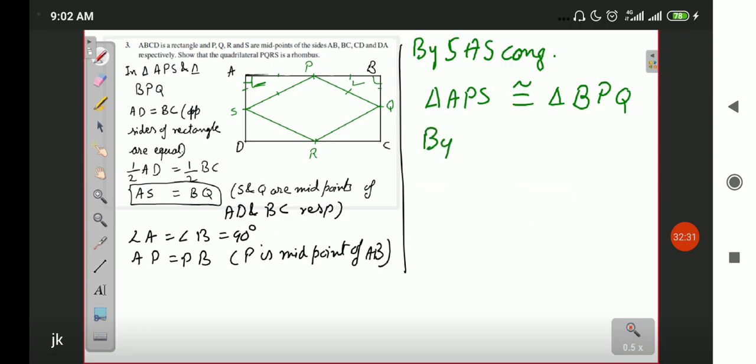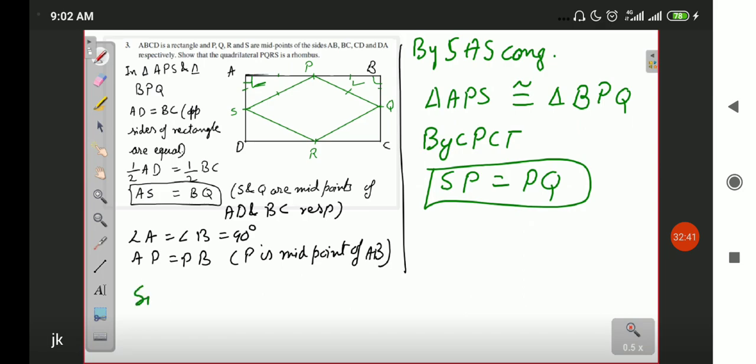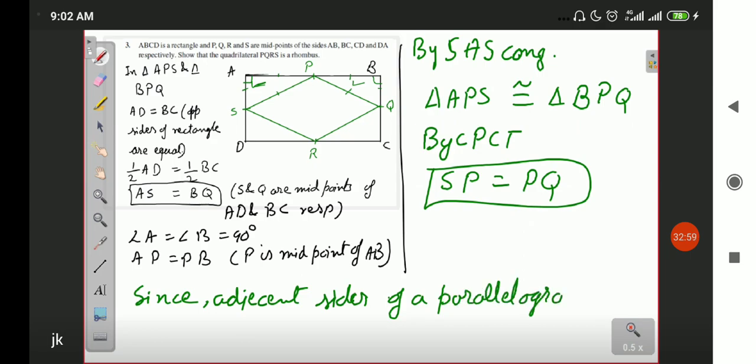And by CPCT, SP and PQ lengths are equal. And the last line will be, since adjacent sides of a parallelogram are equal, hence it is a rhombus.